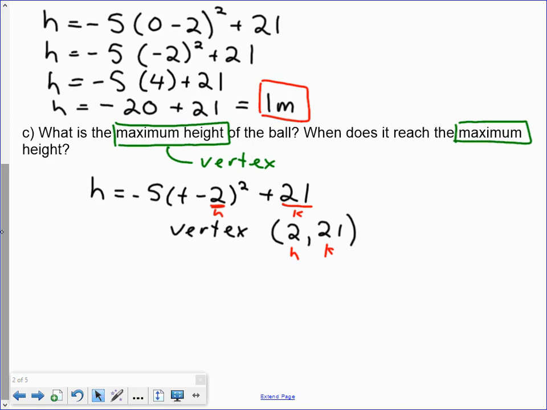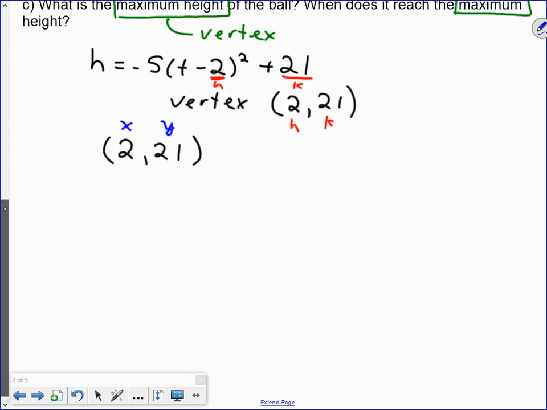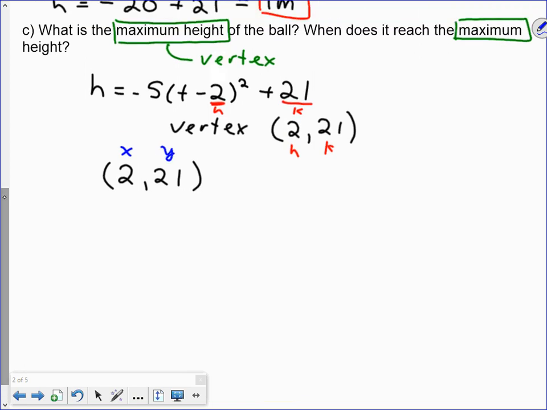So our vertex, (2, 21), is a coordinate, right? Ordinarily, with coordinates, we have an x and a y. With this parabola here, our variables aren't x and y, they are h and t.